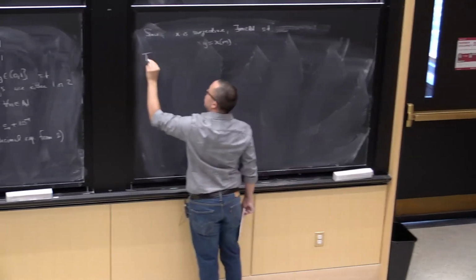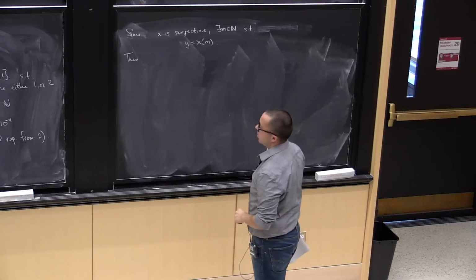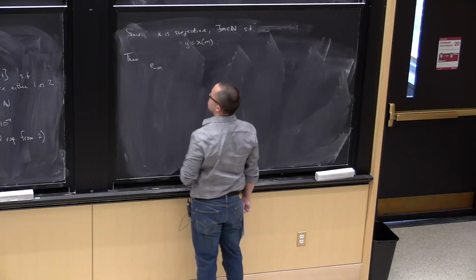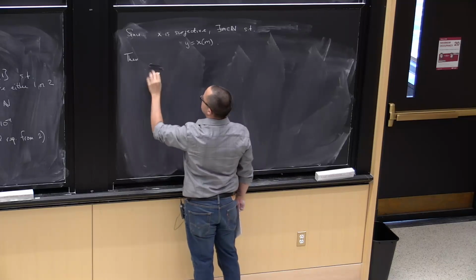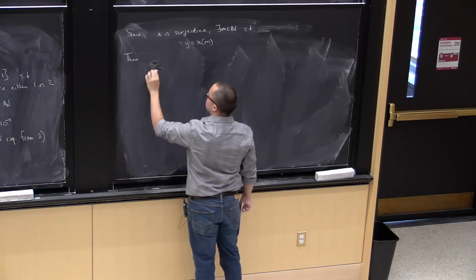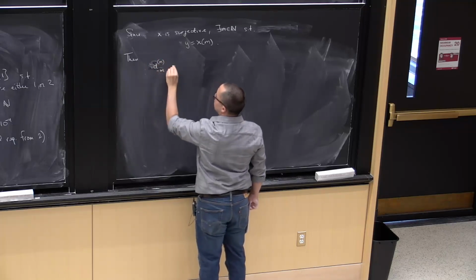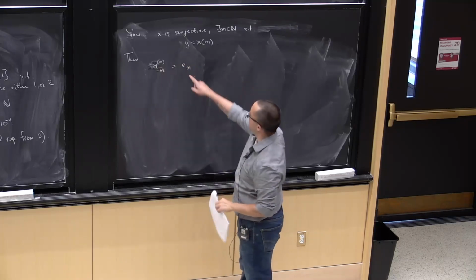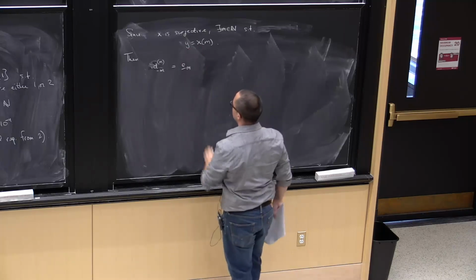Then let's look at the mth digit, which should be giving me e_m, because this is equal to y.